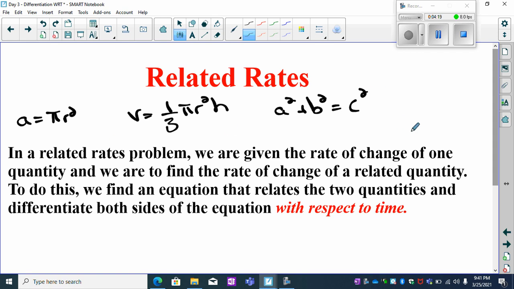We'll look at various related rate problems, but that's a lesson for the next video. To do it, you find the formula that relates the two or three quantities that you're working with, and you differentiate both sides with respect to time, like I just did.